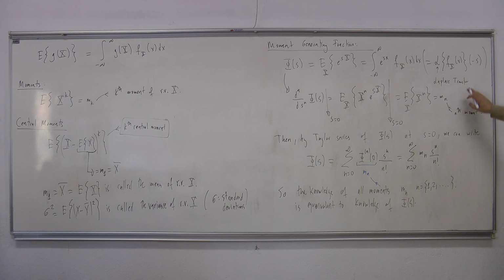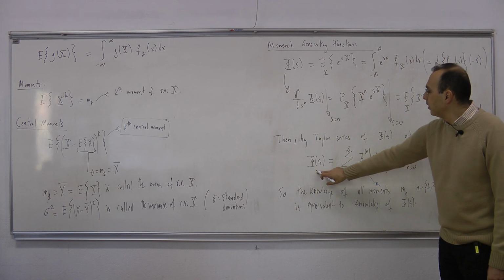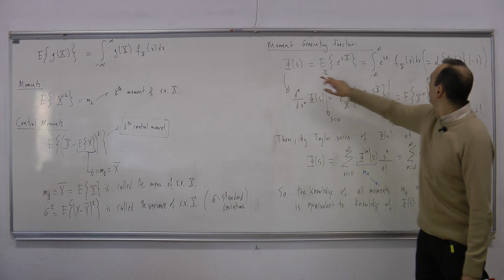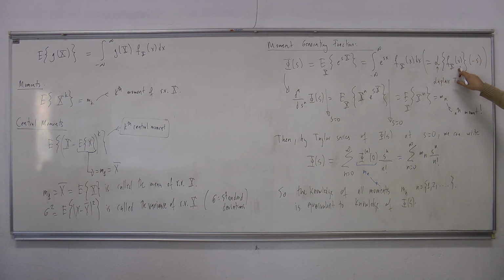So what I see is that if I know these moments, I can write this function. If I know this function, this is the Laplace transform of the density, meaning that I can apply the inverse Laplace transform, and then I get the density.